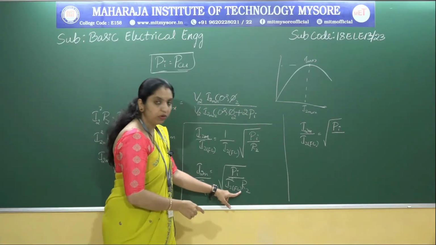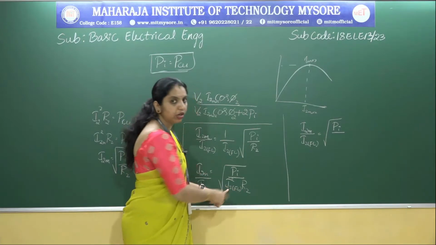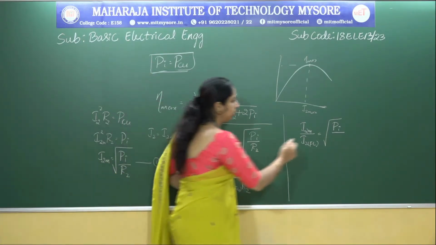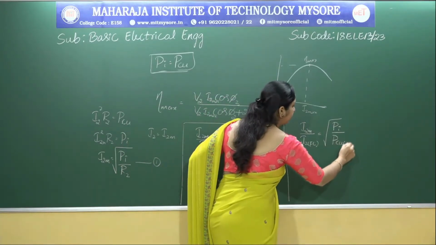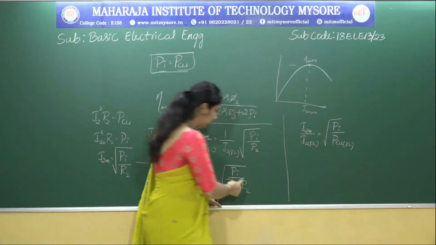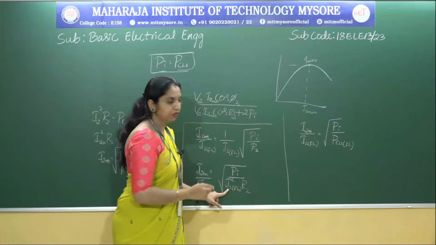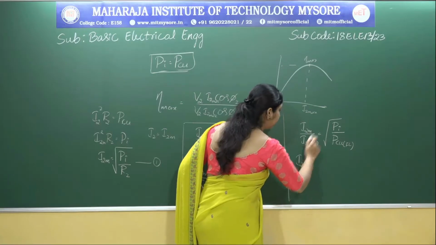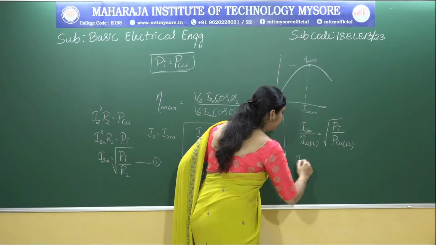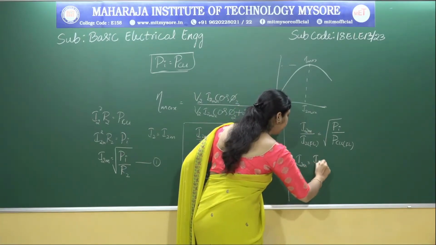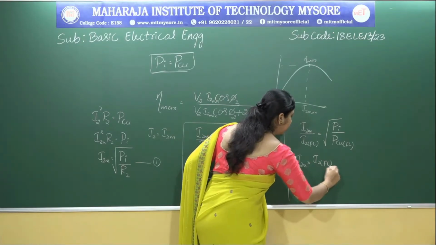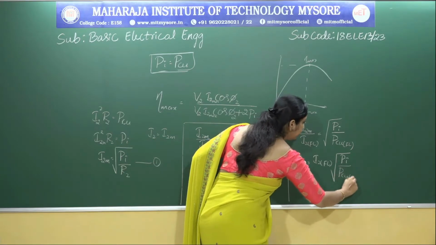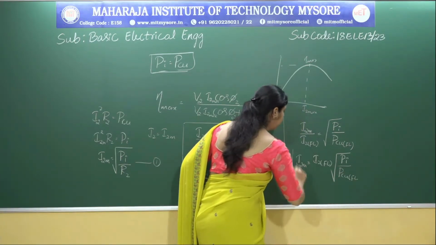We know that I2 square into R2 is nothing but PCU, so I2 square full load into R2 is PCU full load. Replacing this term as PCU full load, and taking only I2M on the left hand side, I2M is equal to I2 full load times square root of Pi divided by PCU full load.